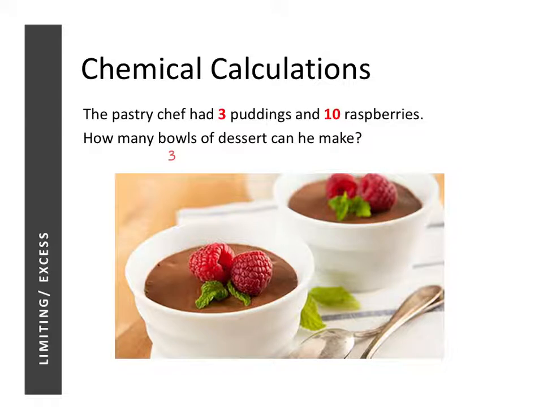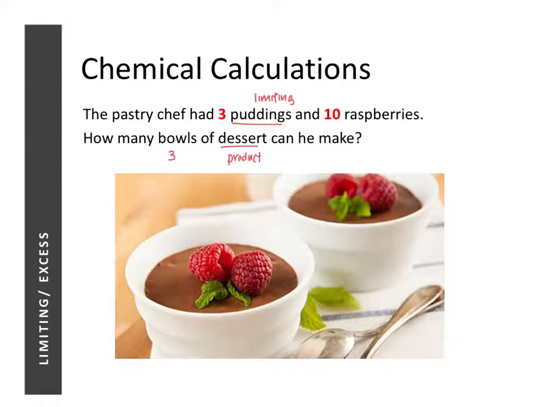So what I am trying to drive at here is that the amount of product in a reaction only depends on the limiting reagent. It doesn't matter how much of the excess reagent I have, it's not going to change anything.